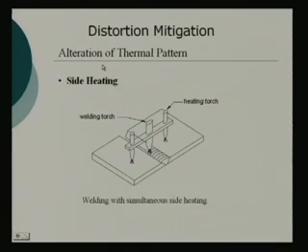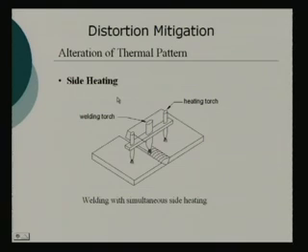That was the primary starting point through which we attempted mitigating the effect of heat flow in the structure due to welding, because all of it is because of heat flow. So, if we can change the pattern of heat flow, that was done in side heating, tried to change the pattern of heat flow such that the effect of the welding heat is nullified.